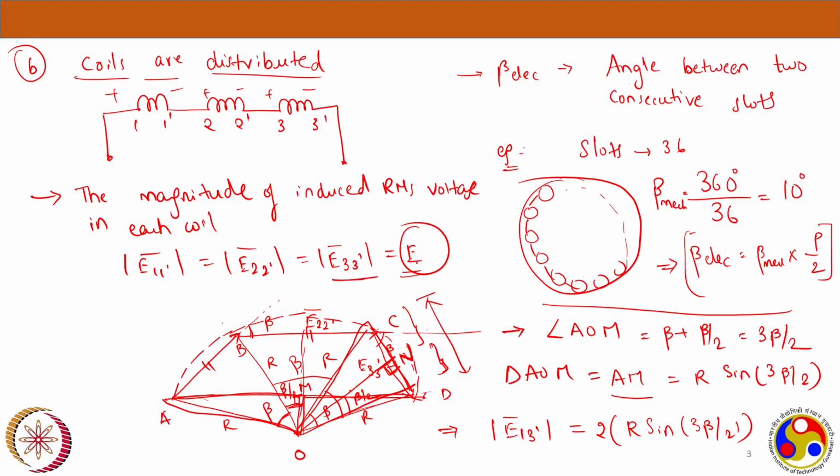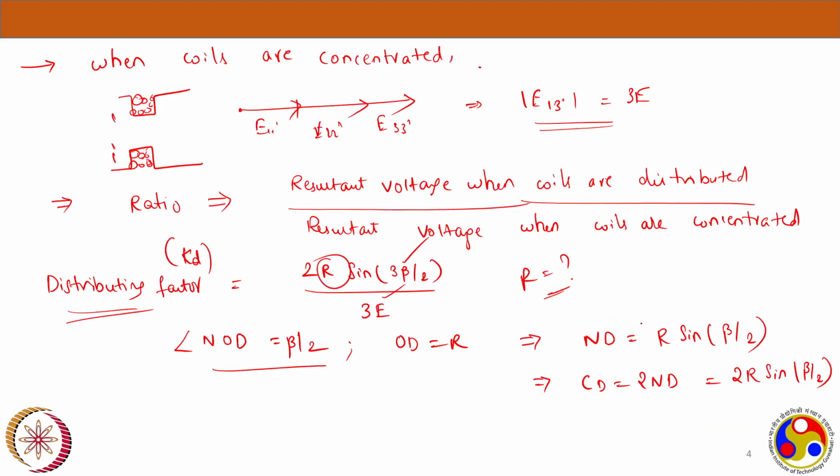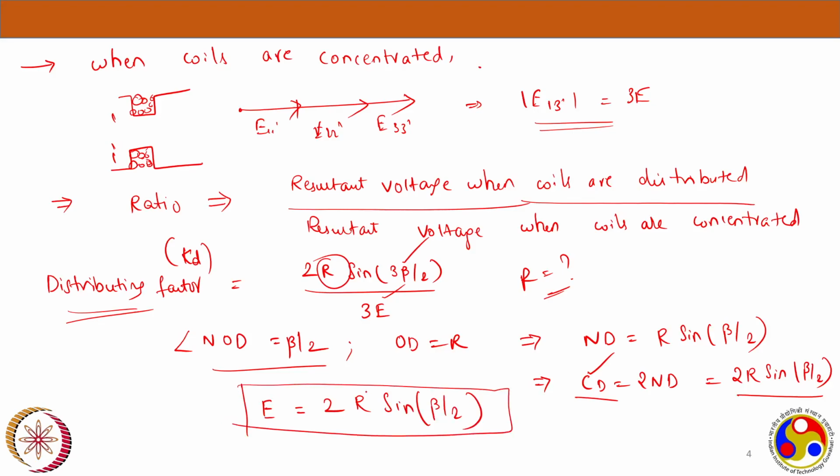We know the magnitude of this E33 dash phasor, it's nothing but E. Now we got CD, which is nothing but E. Now we got the radius in terms of E. Now I can write E is equal to 2R sine beta by 2. Now we are trying to find R, and we got R is equal to E by 2 sine beta by 2.